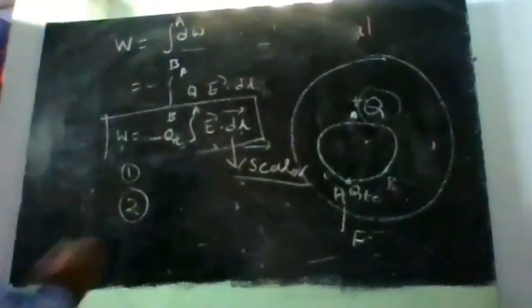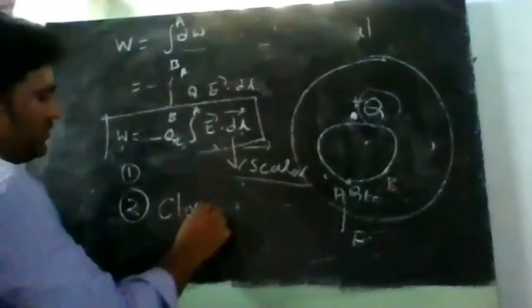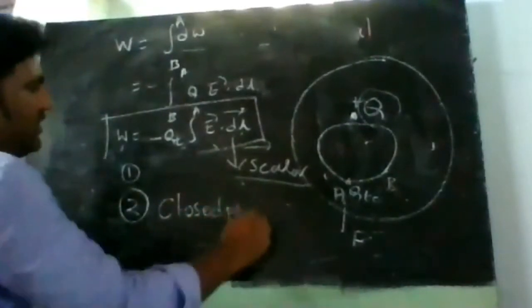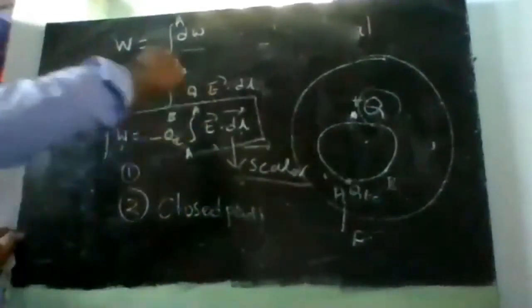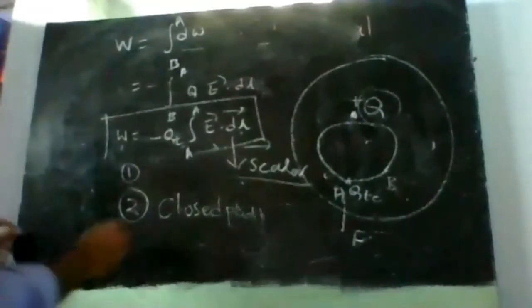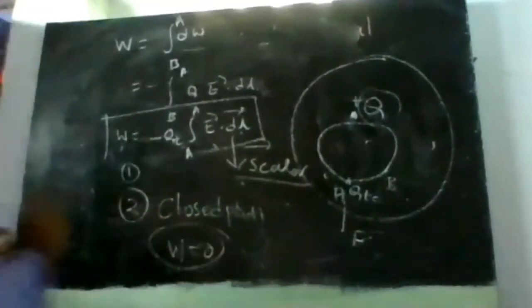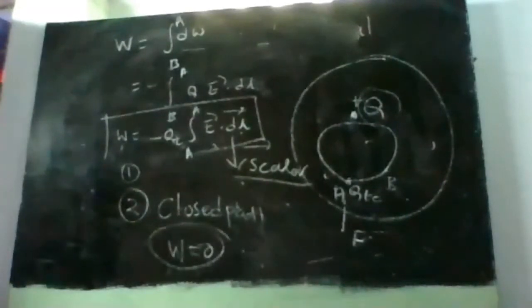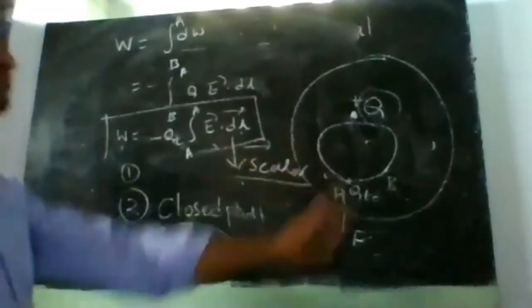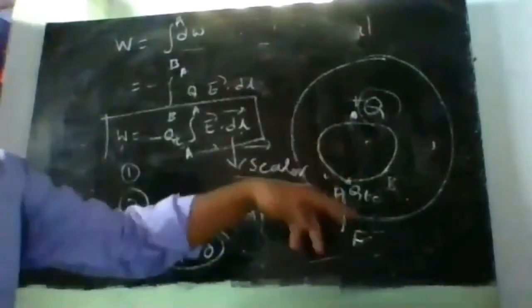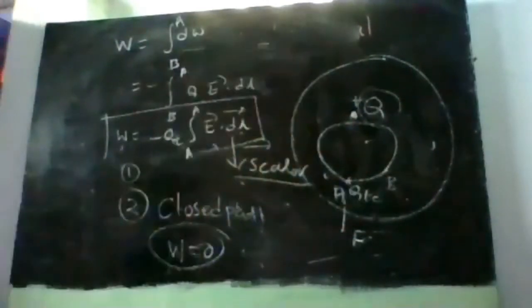That is, if I move it in a closed path, where the limits of the integral are the same, then whatever the test charge may be, the work done will be 0. So the amount of work done in moving any charge in a closed path is always equal to 0. These are the two important points that we have to remember.